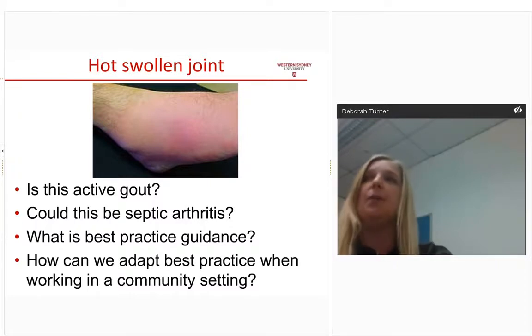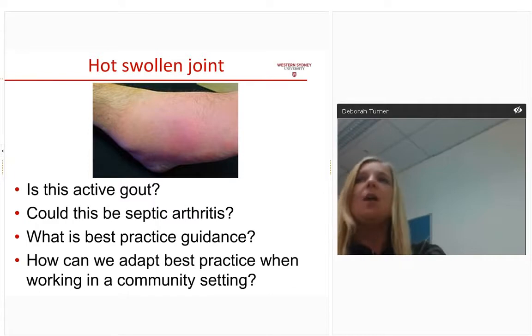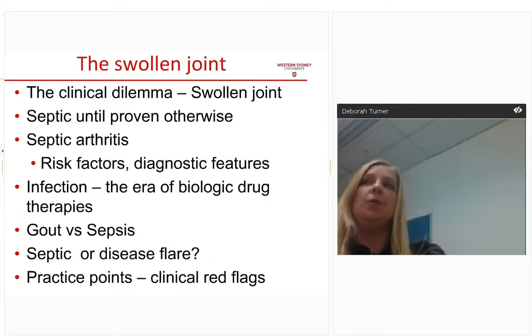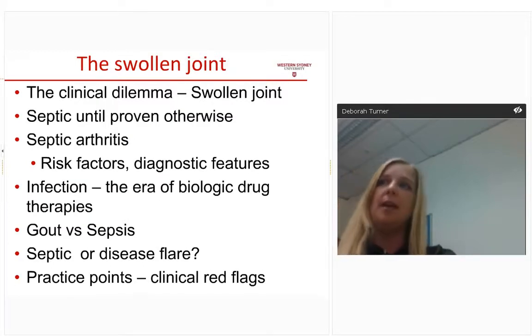Well, the clinical dilemma of this swollen joint is that we need to think about how we can try and determine whether it is indeed septic arthritis. And we've got to therefore be aware of the associated risk factors with septic arthritis.